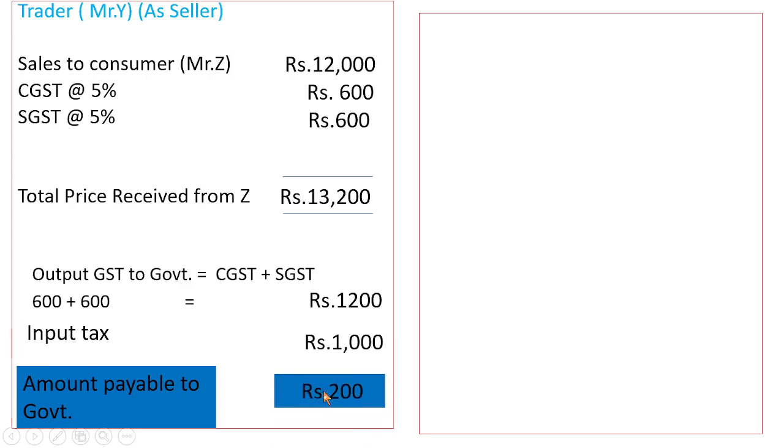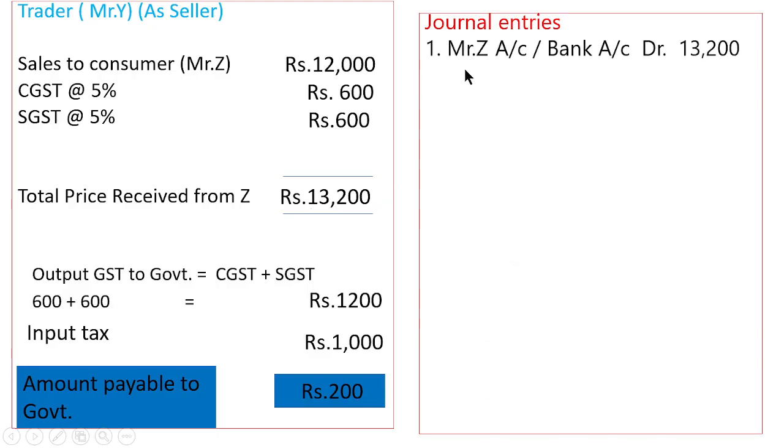This is the liability of Mr. Y. So in the books of Mr. Y, the same transaction through journal entries. First, the total amount receivable is 13,200. So either Mr. Z, if it is not yet received, it's a receivable, so Mr. Z, or if it is received, bank account.